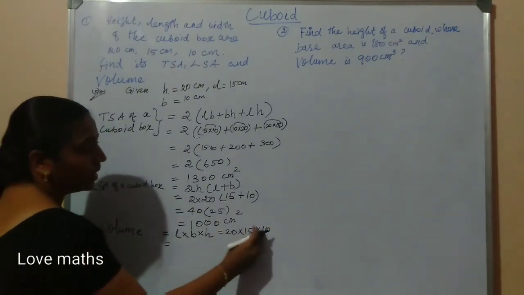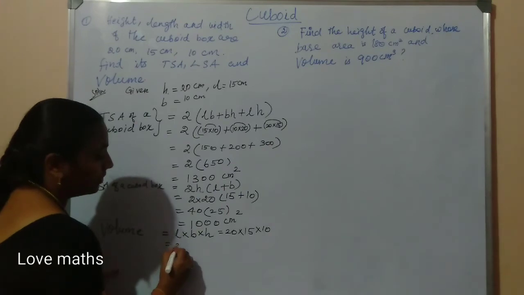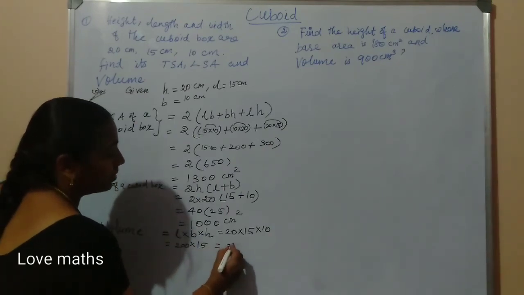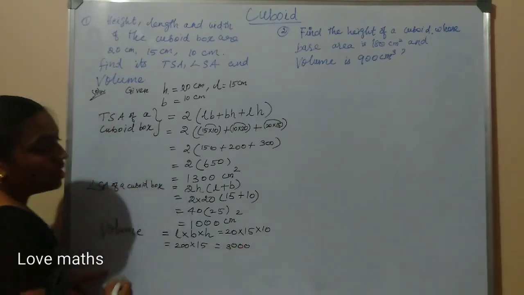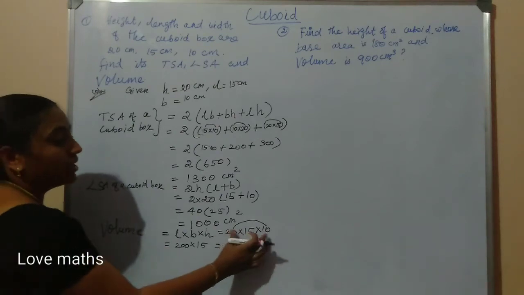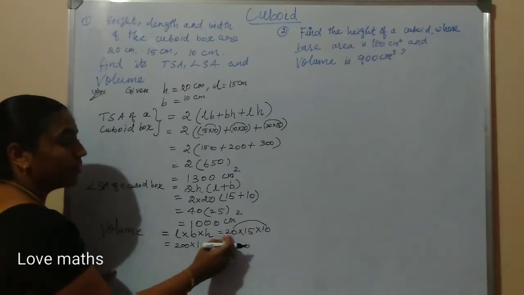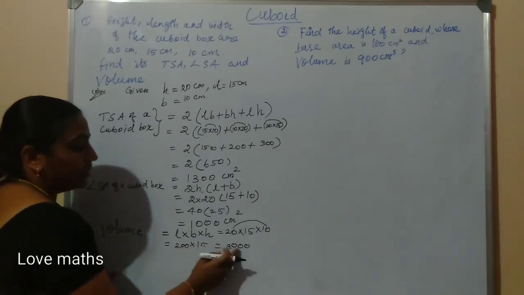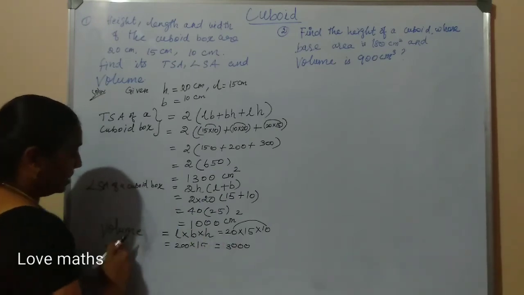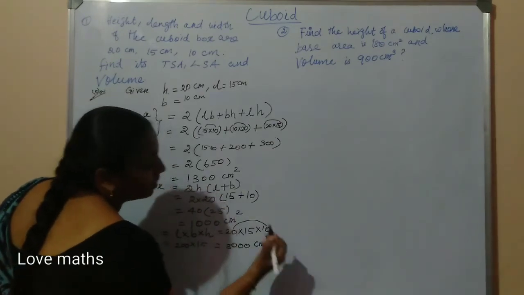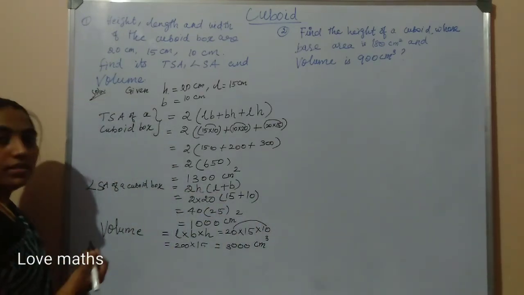I first multiply 20 into 10, 200, because it is a multiple of 10. Multiplying is very easy. 200 into 15: 2 15s are 30, remaining 00, so 3000. It is the volume, so you have to add cubic units, so centimeter cube. That's all. Is it clear?